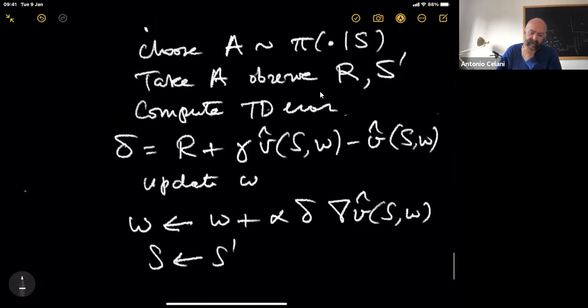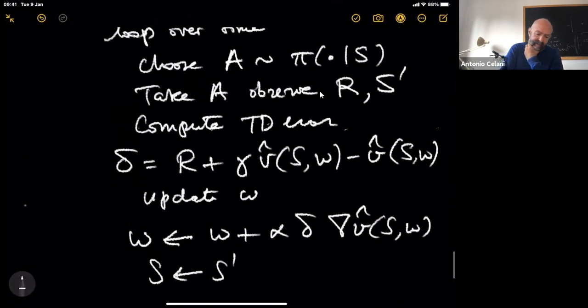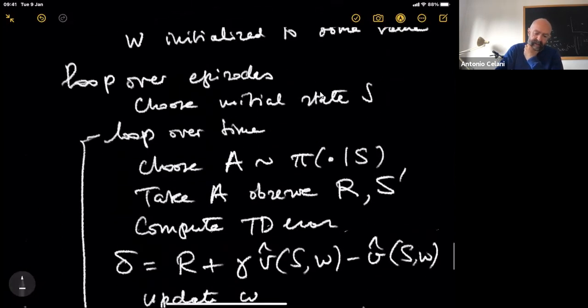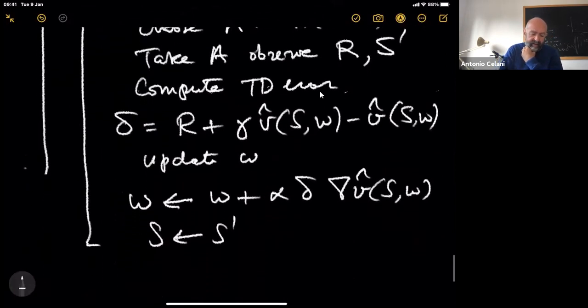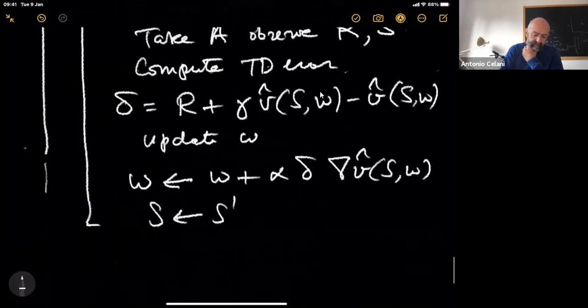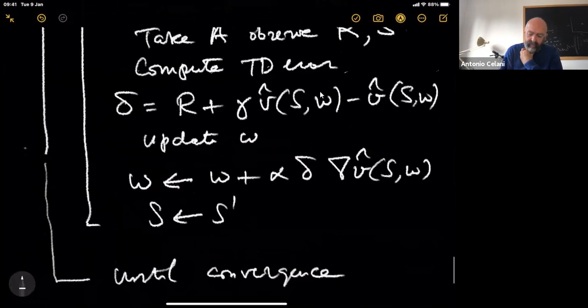Okay, so this is the inner loop over time, and then there is the outer loop over episodes. And you can repeat this many times until convergence. Usually your convergence criterion is that, for instance, your gradient is becoming small enough, which means that you are approaching some local minimum.